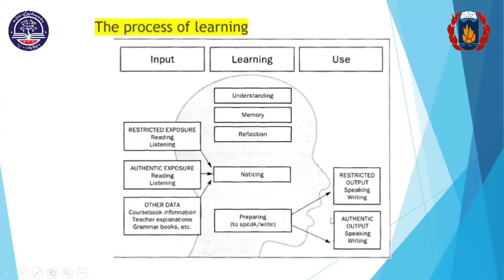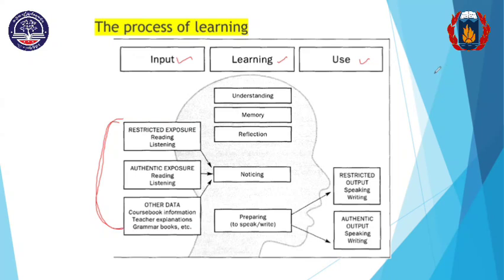So the process of learning, we can elaborate the process of language learning through this picture, teachers. So here we have 3 areas: input, learning, and use. What do you think? These three boxes, which area are these boxes?